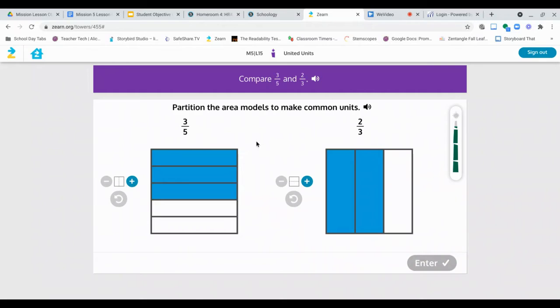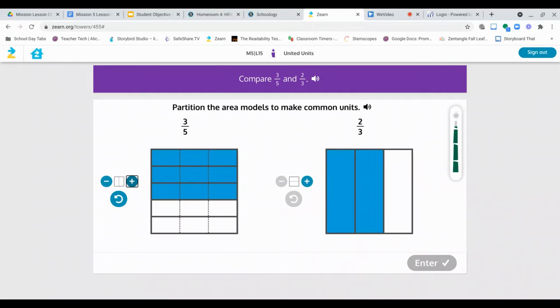So what's my other denominator? My other denominator that I'm comparing it to is thirds, or 3. So I'm going to partition these fifths into 3 rows. I have 2 rows. Now I have 3 rows.